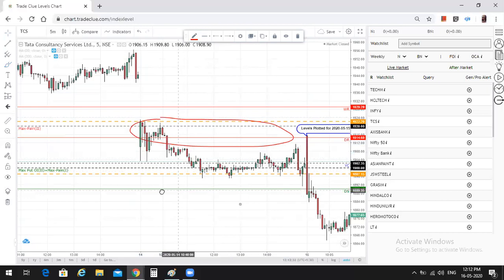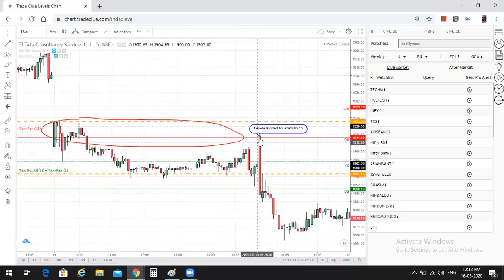When TCS opens, it opens at DR, around the resistance zone seen yesterday, and open equal to high, complete 5-minute fall. This complete 5-minute candle closes below DS. So that's also interesting. Starts at DR, closes below DS.